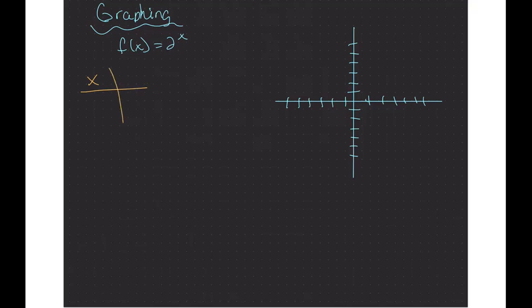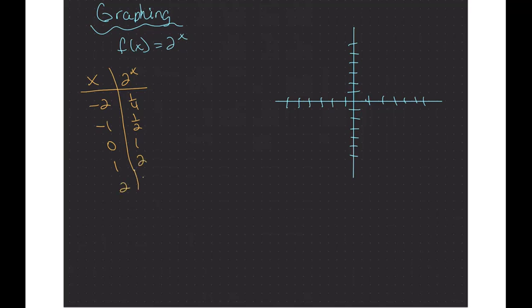We had our x values, and then we had 2 to the x, which gave us our y values. So if I plugged in -2, 2 to the -2, we know it's going to give me a quarter. If I plug in -1, that's going to give me a half. If I plug in 0, 2 to the 0 is going to give me 1. If I plug in 1, I'm going to get 2.